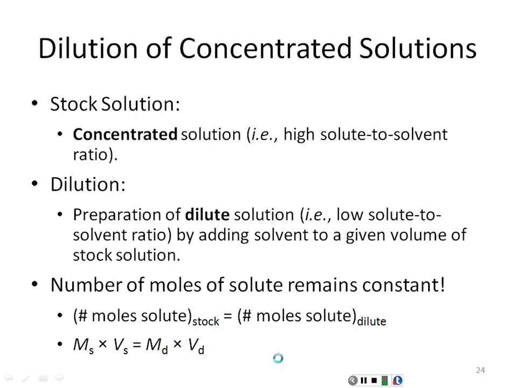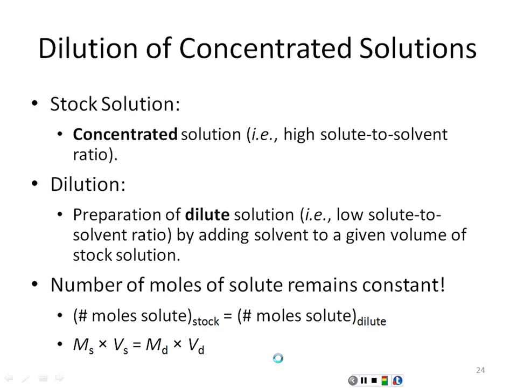That means there's a high solute to solvent ratio. And we use that stock solution to make dilutions. So you prepare a dilute solution by adding solvent to a given volume of the stock solution. And the number of moles of solute remains constant.